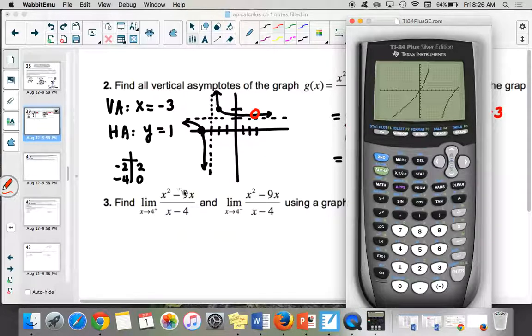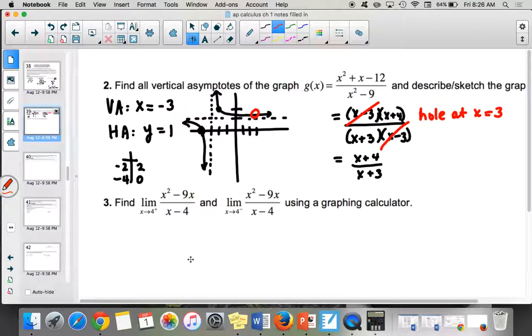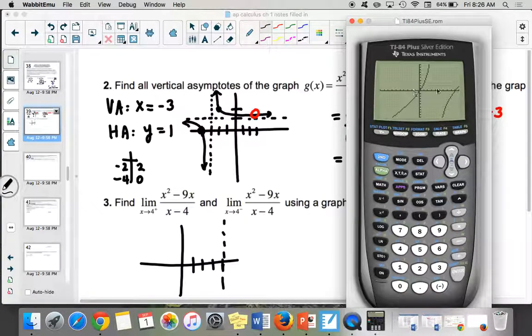Do you guys remember what makes it a slant asymptote? When it's 1 degree more on top. So we have a slant asymptote going on, but then there's a vertical asymptote here at 4. So when you have a slant asymptote, there's no horizontal asymptote. So it's like right here, and it's going up along there, and then it's going somewhere along here.